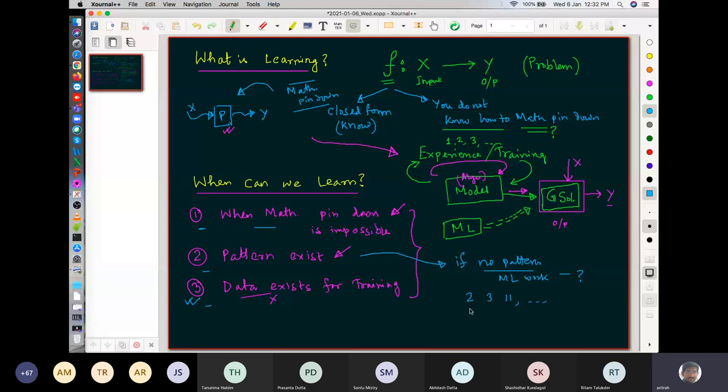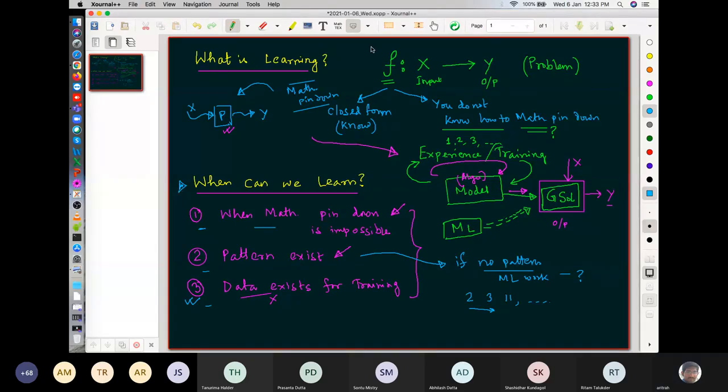Eventually, due to these experiences being gathered in the model, you can somehow classify which is prime and which is not prime. That's not the problem. But when mathematically pinning down is possible, it is not the tool that you will use. So machine learning is not for those problems that I can mathematically solve elegantly. Machine learning is for those problems where mathematical pinning down is impossible.